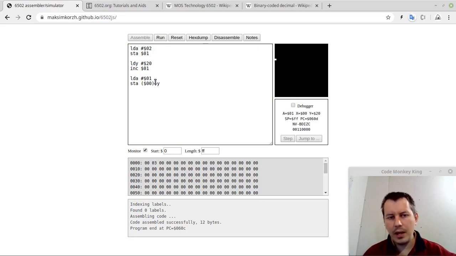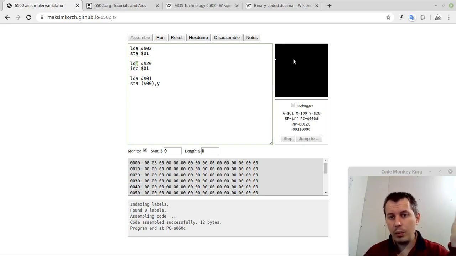So by carefully manipulating the absolute address, the physical address which is stored in the memory, and by carefully altering the value in the Y register, if we do this in a loop one day, we will manage to make this one tiny little pixel move down.